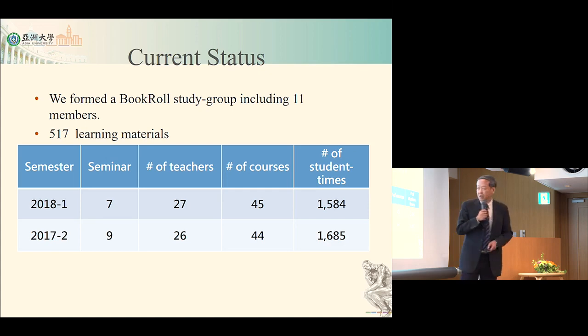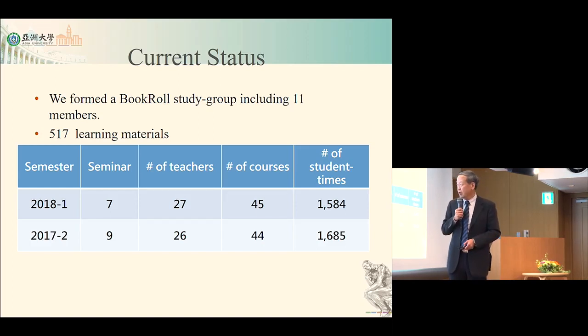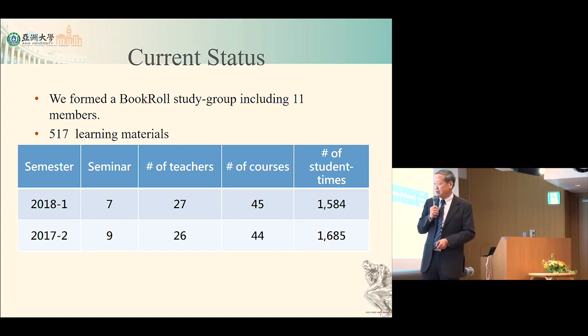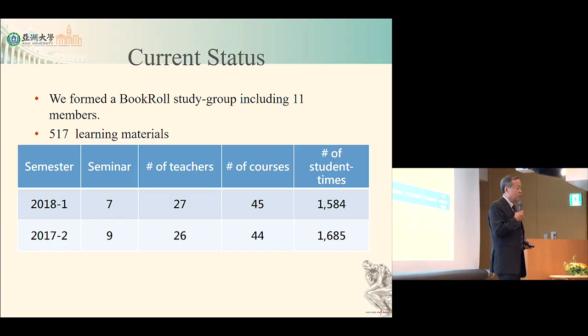For example, in the first semester of the academic year 2018, we have 45 courses taught by 27 teachers. And the average number of students participating in the course is about 35%. For the second semester of the academic year 2017, the situation is almost the same.